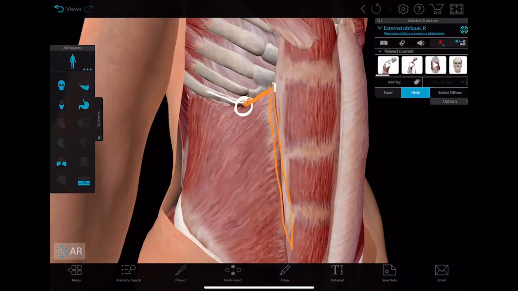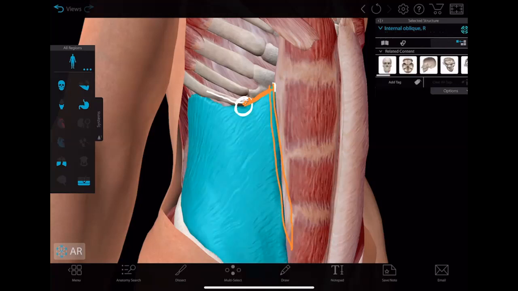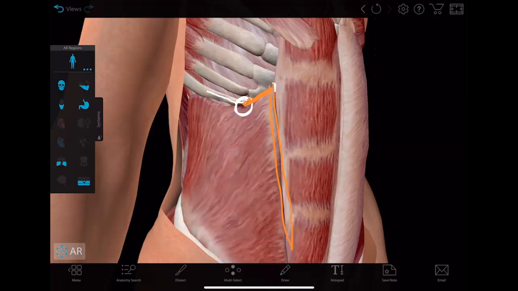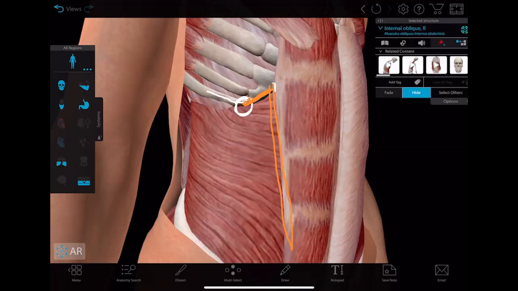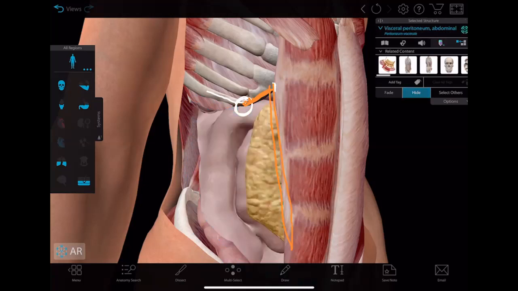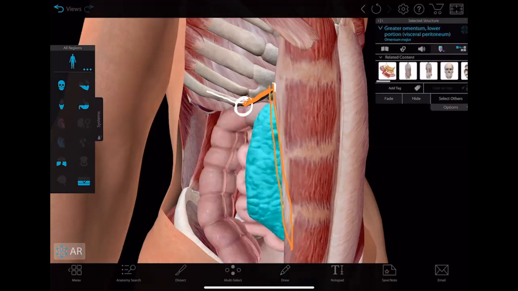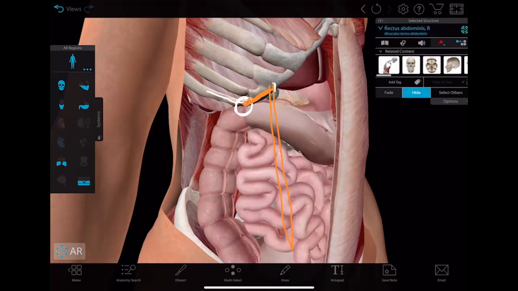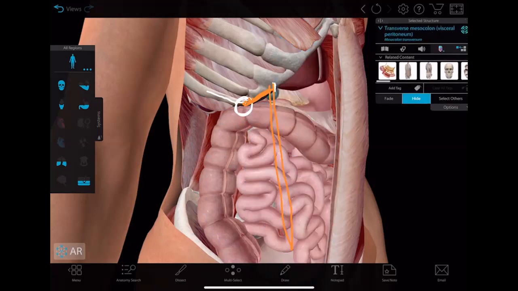Let us see whether there is the tip of the gallbladder, right? Let us hide this muscle. Let us hide, again hide, again hide. Right.